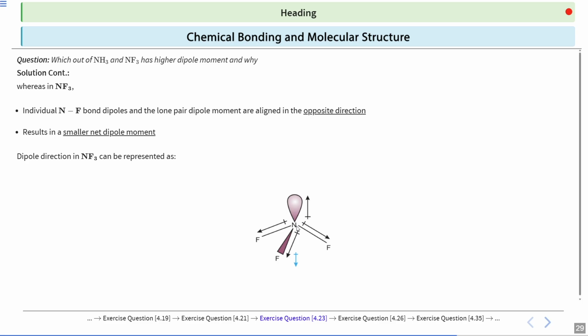The N-F dipoles are pointing somewhat downwards, and the lone pair is pointing upwards. That leads to cancelling of some of the dipole moment, and therefore we get a reduced dipole moment at the end. Hence, we can say that NF3 will be less polar than NH3, or it will have a smaller net dipole moment than NH3. I hope this point is clear to you.